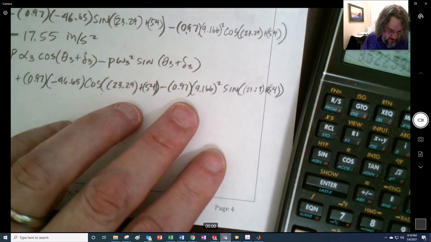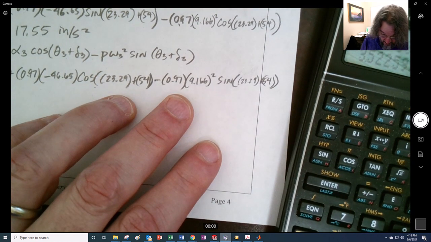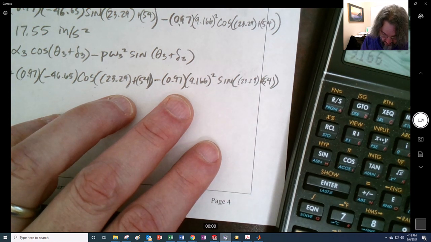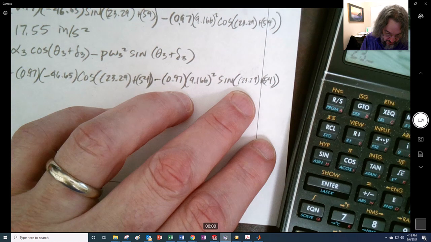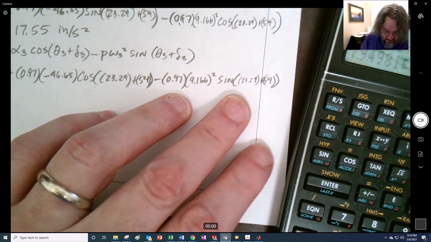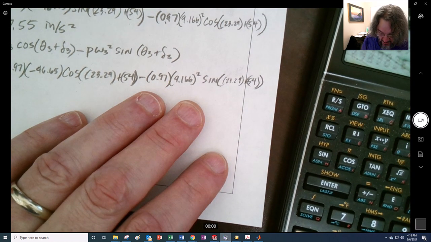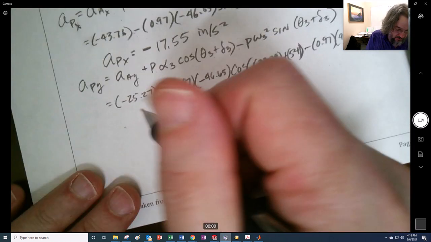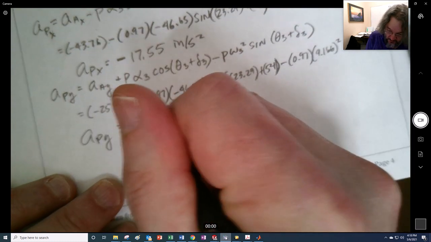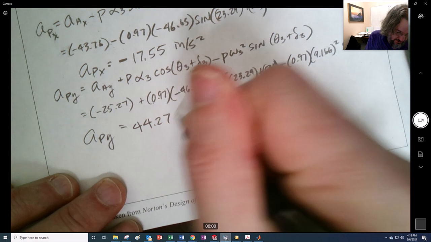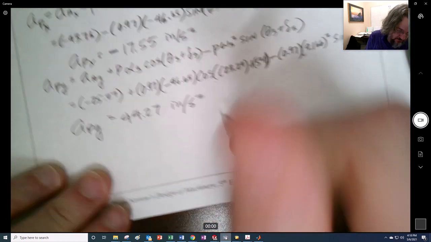I might have screwed something up because my brain just shifted over to the side for a second, but here, 9.166 squared, 0.97 times 23.29 and 54, take the sine, multiply it, good, and I think I'm going to add that in there, and so we get A_PY is 44.27 inches per second squared.